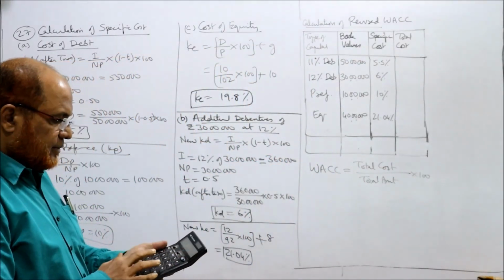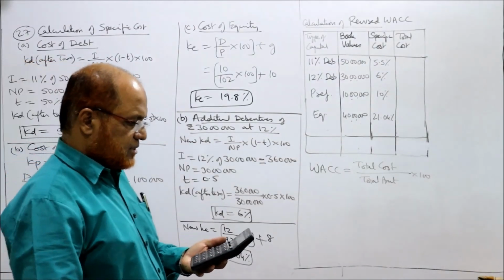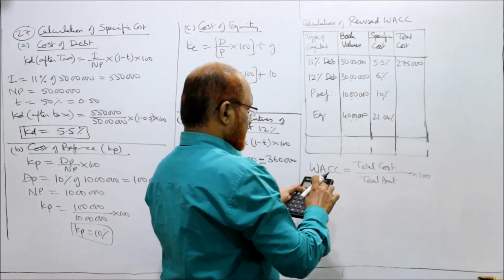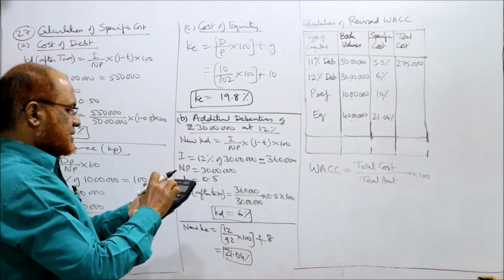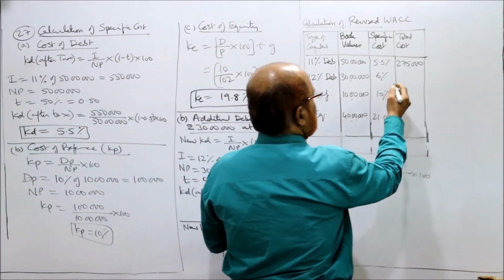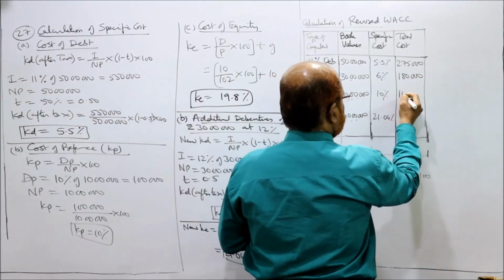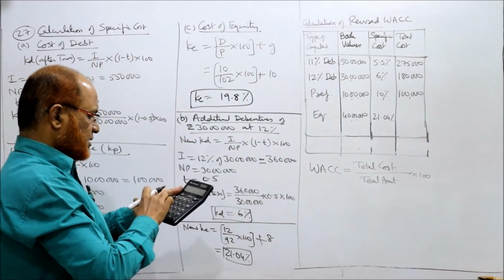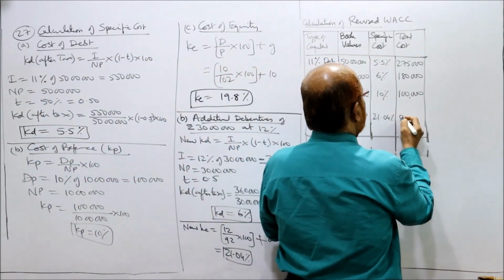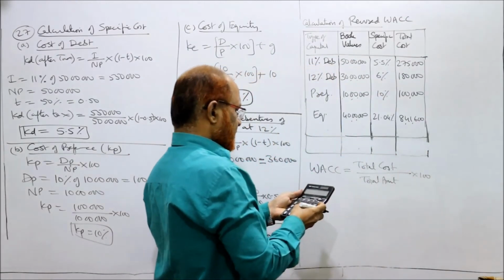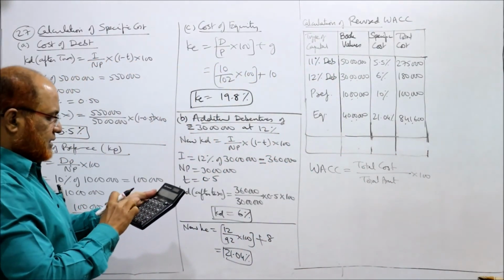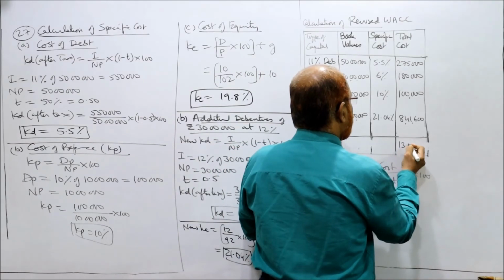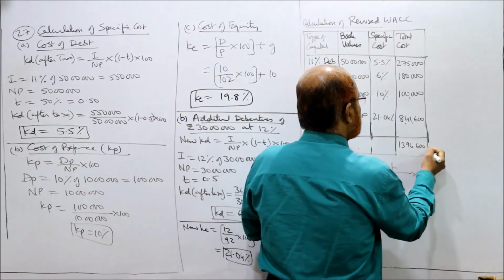Now 50 lakh into 5.5%, 2,75,000. 30 lakhs into 6%, 1,80,000. 1 lakh. 40 lakh into 21.04%, 8,41,600, plus 1 lakh plus 1,80,000 plus 2,75,000, 13,96,600.